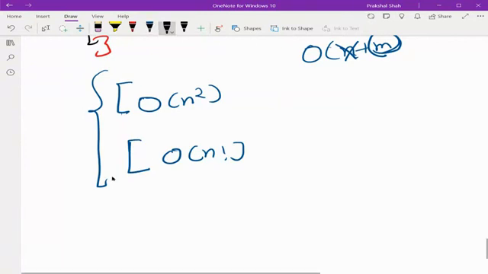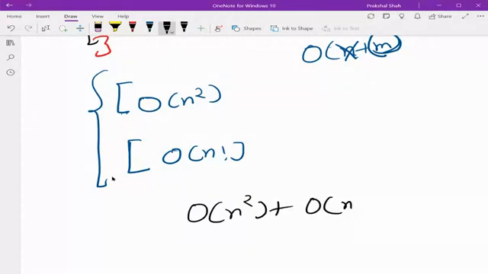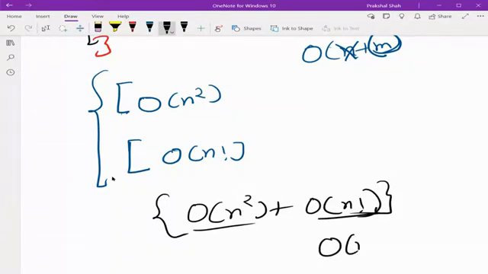So can I add both of them like this? Order of n square plus order of n factorial. Now, which one is more here? n factorial, right? As per worst case, n factorial takes more steps. So can I answer this as n factorial? I can ignore this term, right?